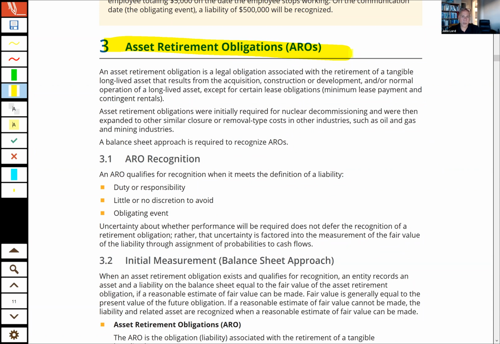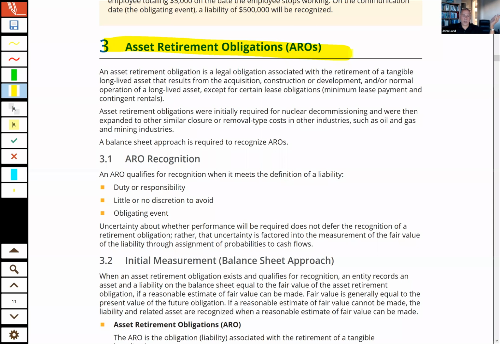We will also, though, be allowed to set up an asset at the same time. And what they allow us to do is depreciate that asset and amortize that liability at the same time to help a little bit with the smoothing of the expense associated with that cleanup cost that's coming.